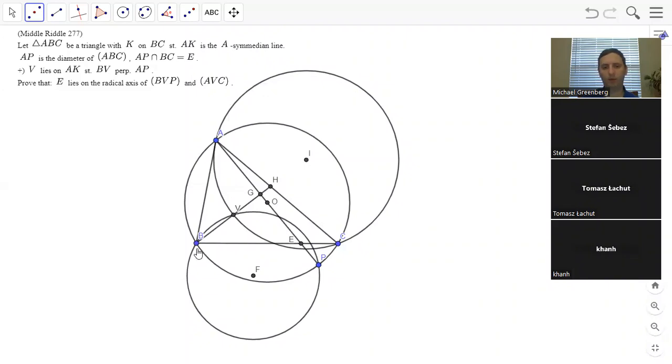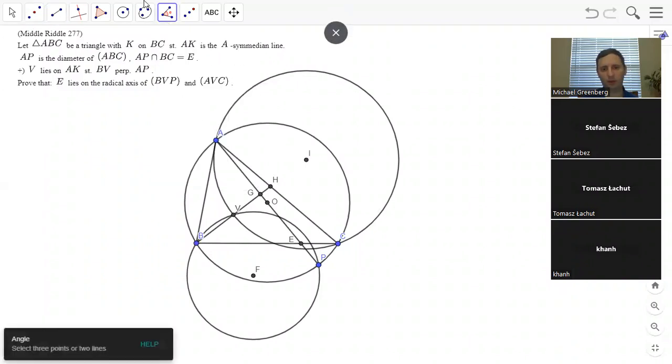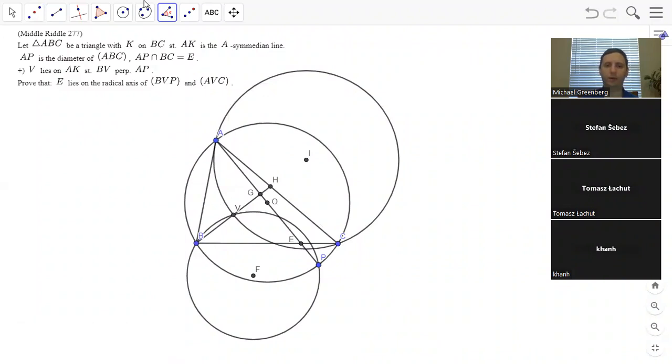So I think the problem is equivalent to showing that OF over OI is BP over AC. Or maybe the ratio is the other way around. I don't know if that makes it easier or not.